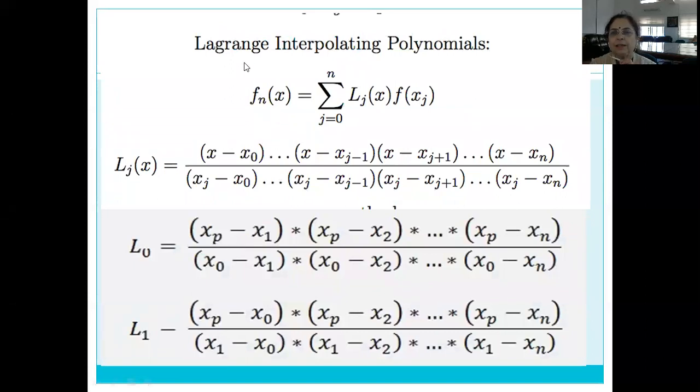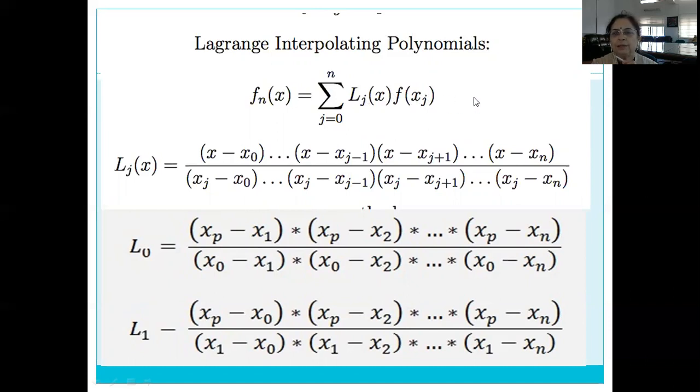When we are interpolating using Lagrange's polynomial, we can find the polynomial fn of x in terms of the weighing function calculated for each data point, ranging from j equal to 0 to n, multiplied by the associated function value from the data table.